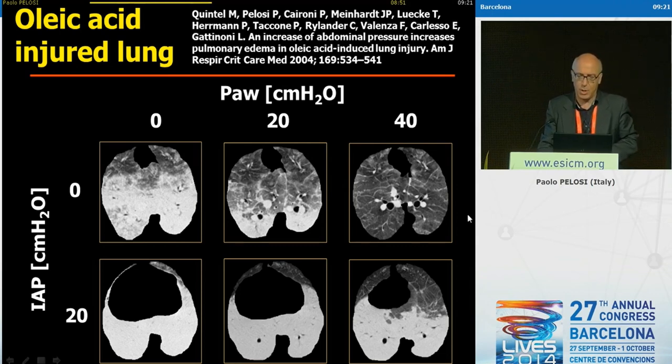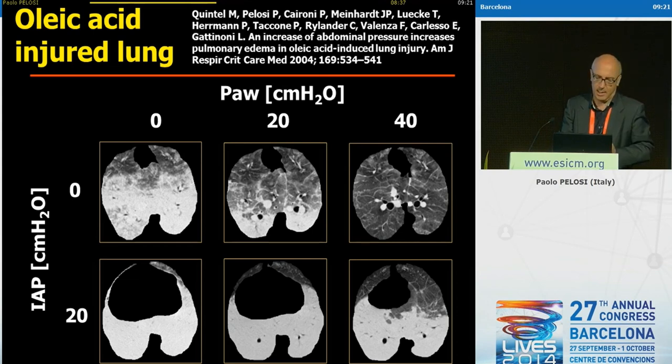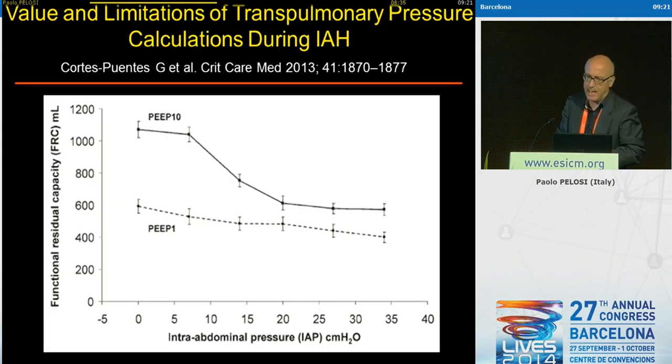Because in this condition, we apply the same airway pressure, but the real transpulmonary pressure here is much lower than in this setting. So again, in order to evaluate the real transpulmonary pressure in this condition, theoretically, we need to measure the real transpulmonary pressure. These are other very recent data from John Marini's group, showing here different intra-abdominal pressures in animals.